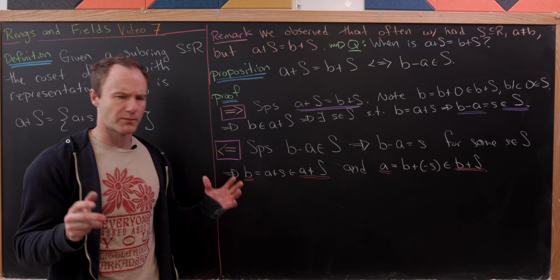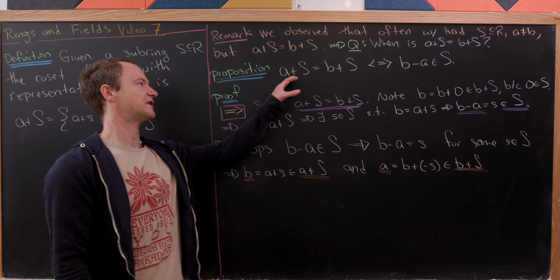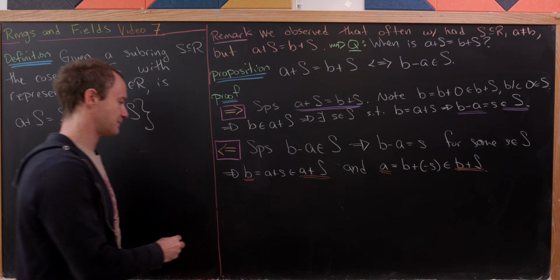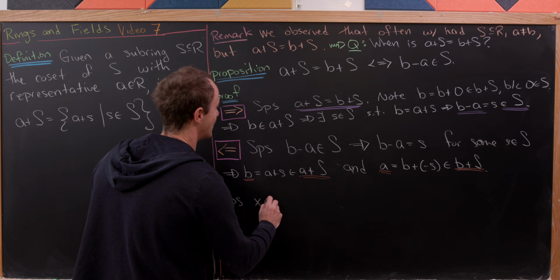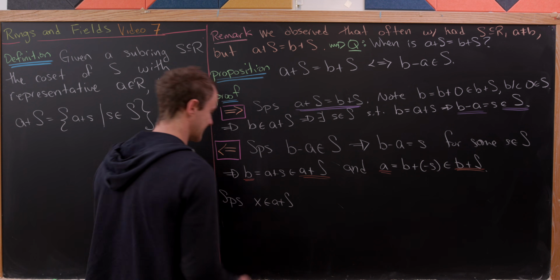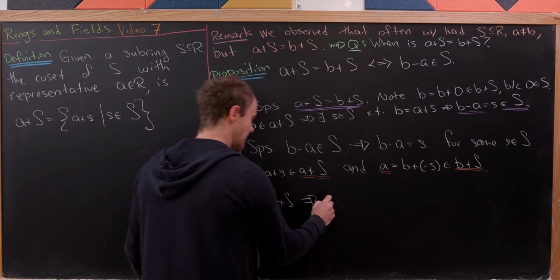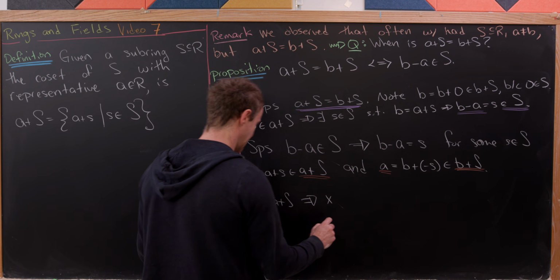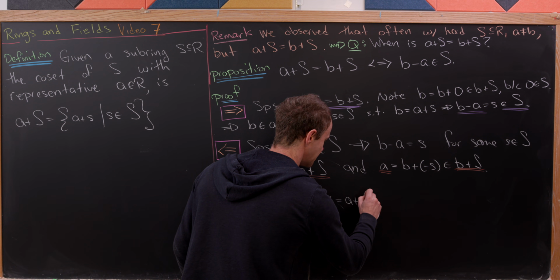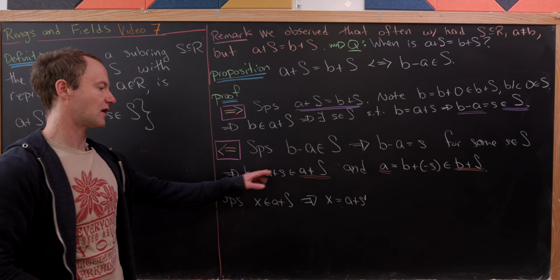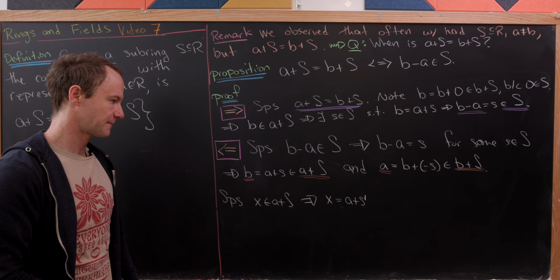Now we've got all of our parts sorted out, and we want to show that these two cosets are the same. So let's suppose that x is an element of little a plus S. But let's observe, then, that means that x is equal to a plus s prime. I'm going to say prime here because we already used regular s up there.